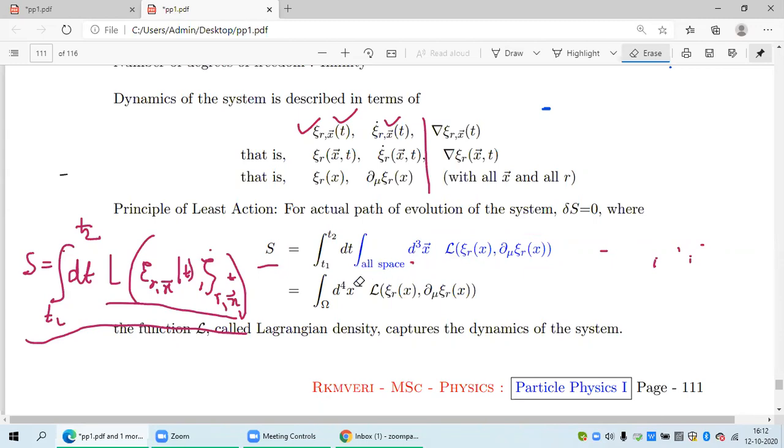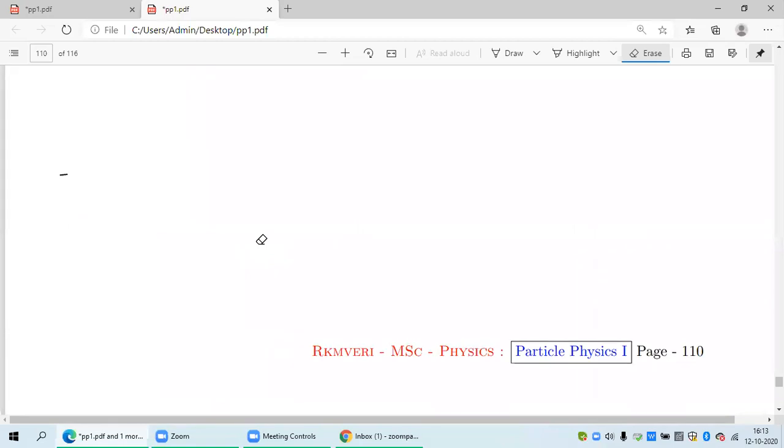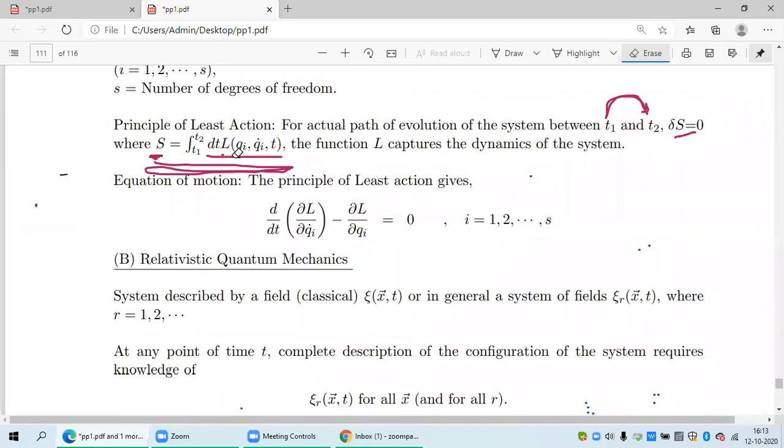So first we are taking all possible x's, then we are taking all possible t? No. See, this action is a number. Action is not a function. Action is a number. When you integrate the Lagrangian dt, you get the action. It is a number.